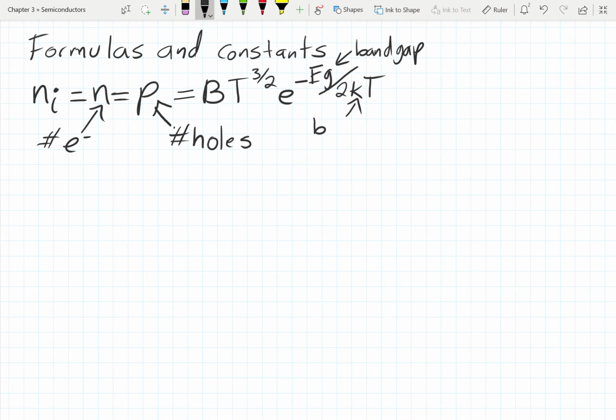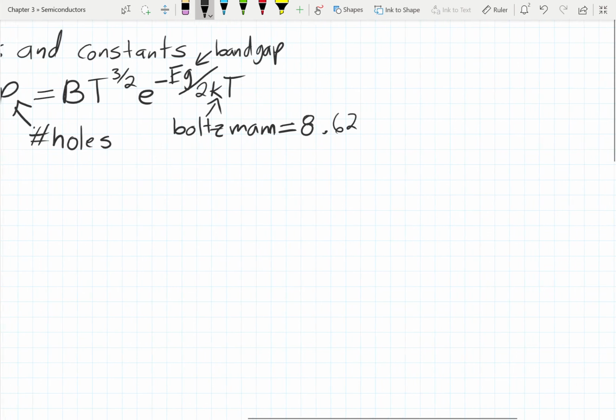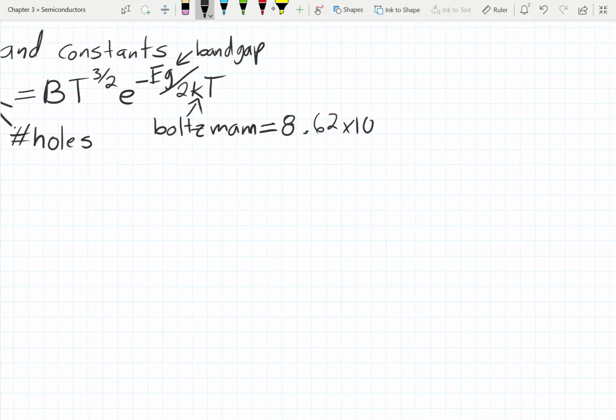Let me see if I can write this right. Boltzmann. It's a double N constant. And this one is equal to 8.62 times 10 to the minus 5 electron volts per Kelvin.